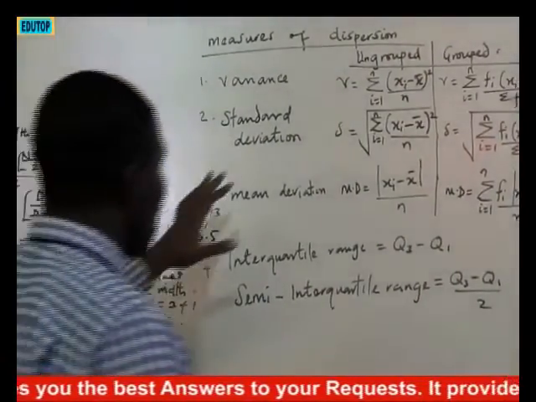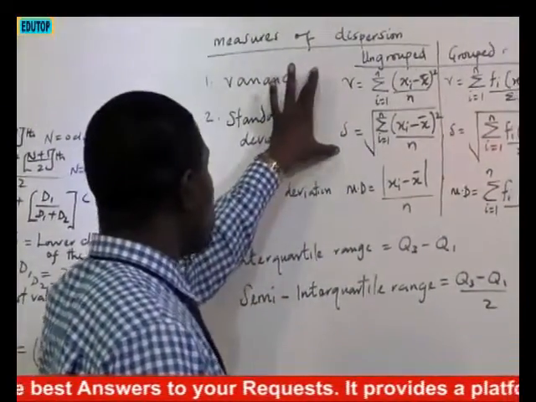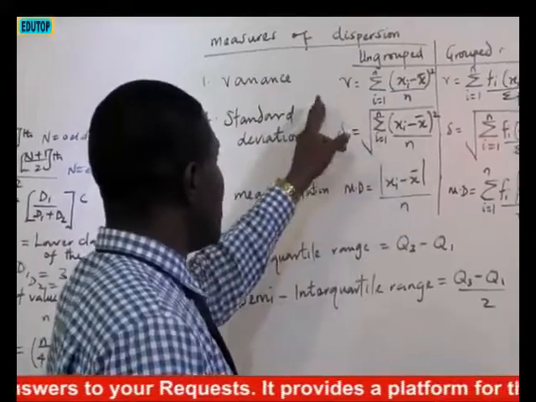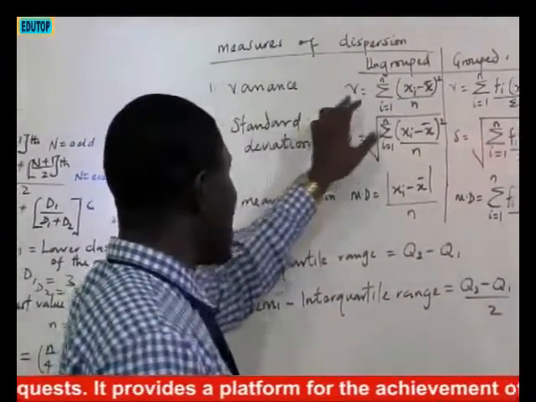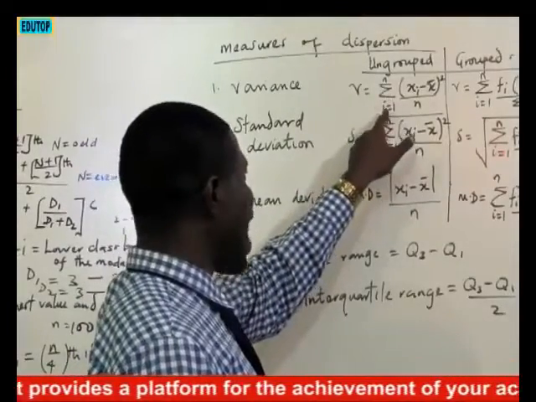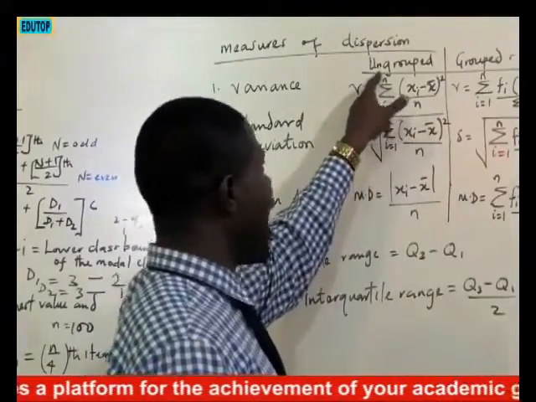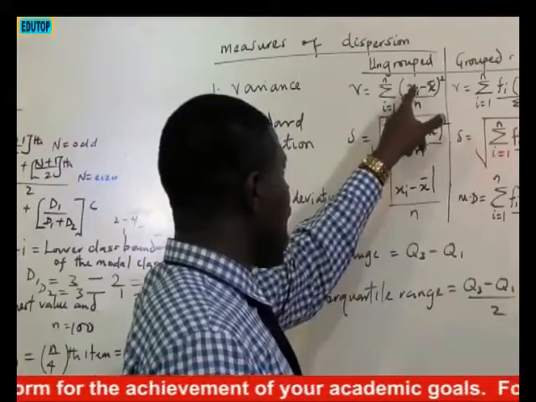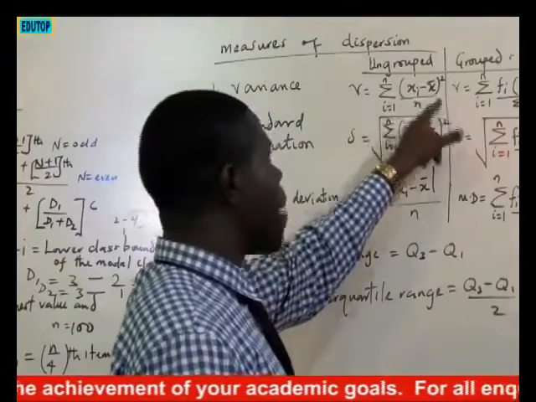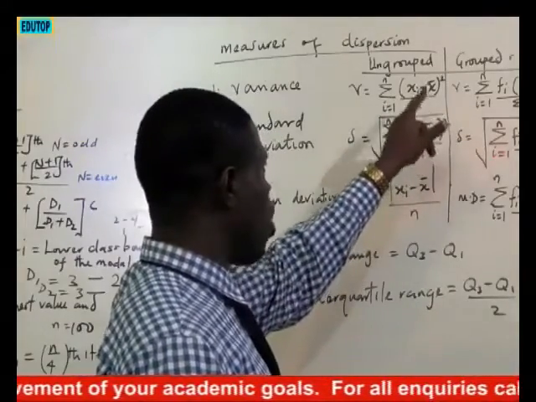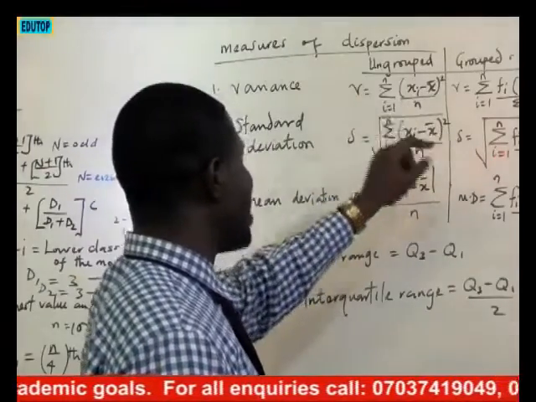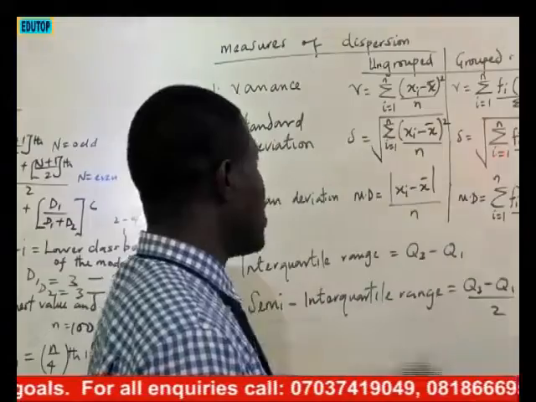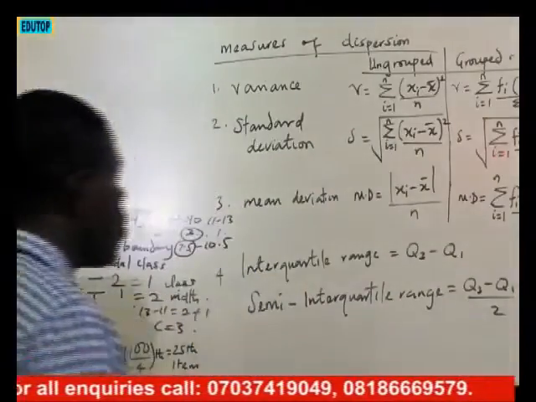I've also put this in tabular form to show that variance is the summation, that is i from 1 to n, of xi minus x bar squared, divided by n. That is how to calculate our variance for ungrouped data.